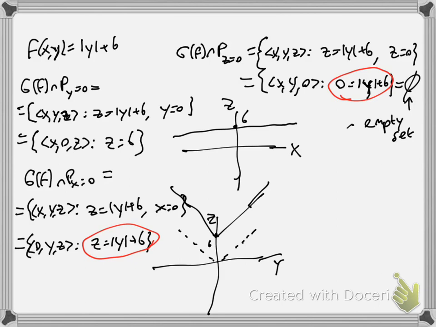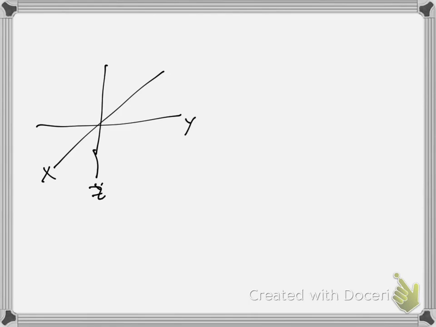Alright, I think I will just continue to the next slide and plug these two things into a 3D picture. Because after we do all the intersections with the coordinate planes, we usually put it into a 3D picture and see what we have so far. So let's do that. So this is the x-axis, the z-axis, and the y-axis. So we had in the xz plane, that's the plane over here.